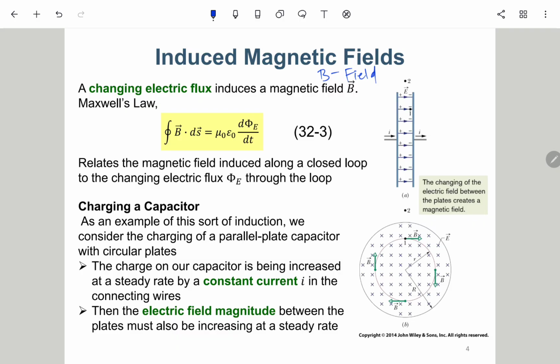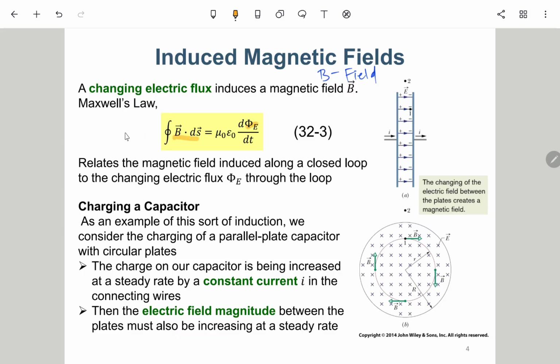So we can also imagine that for an Amperean loop, if we have some electric flux changes, there will be some induced B field. So that's the induced B field here.